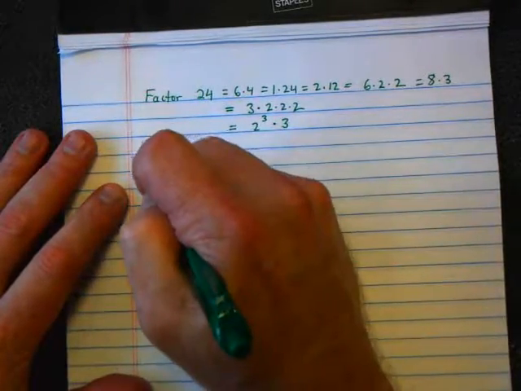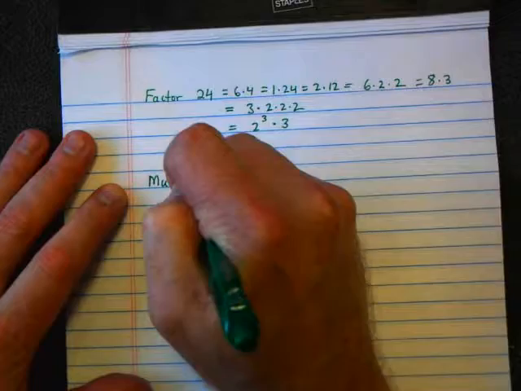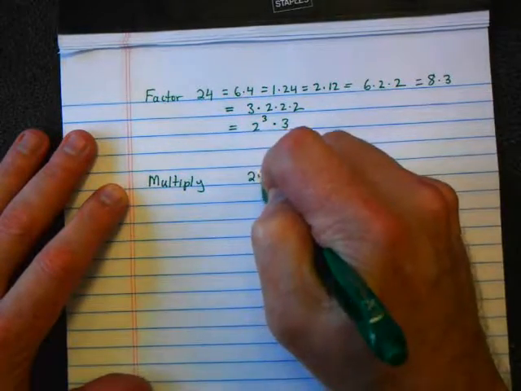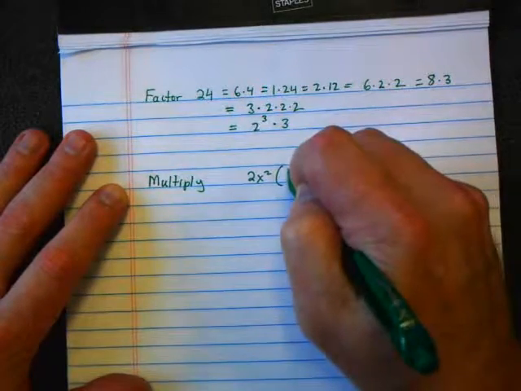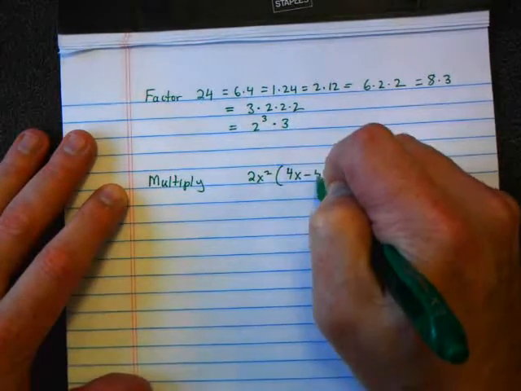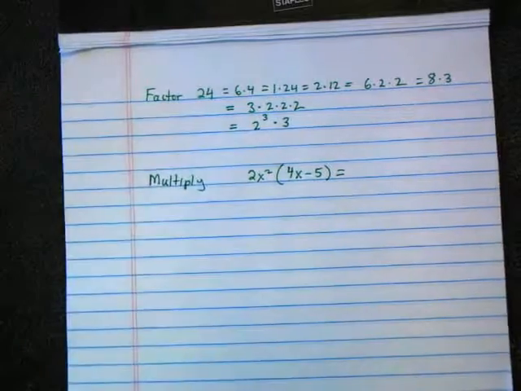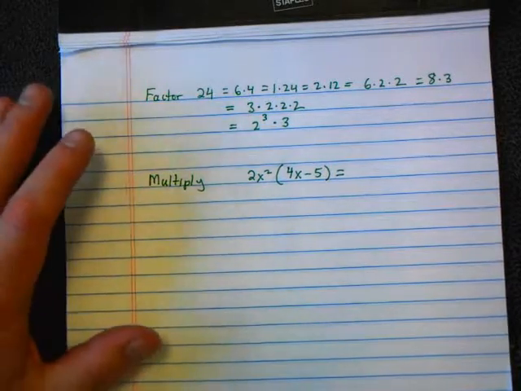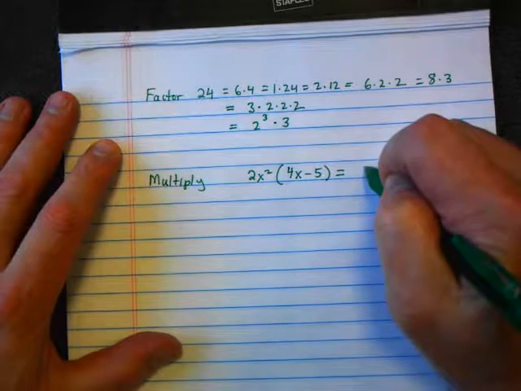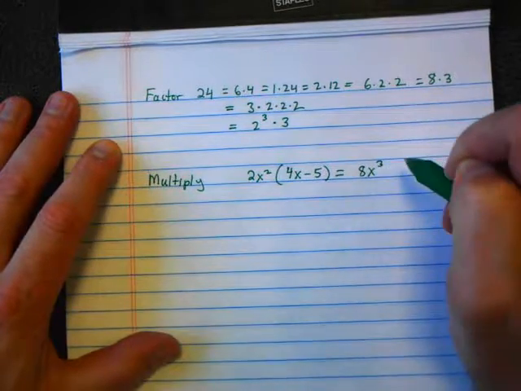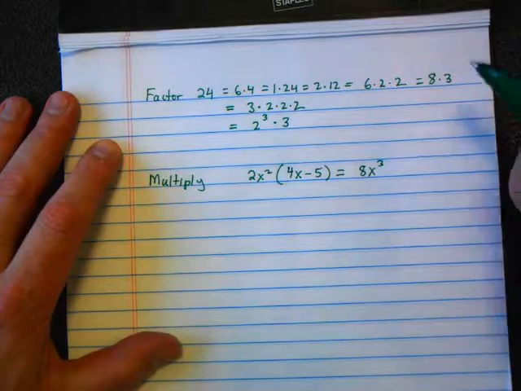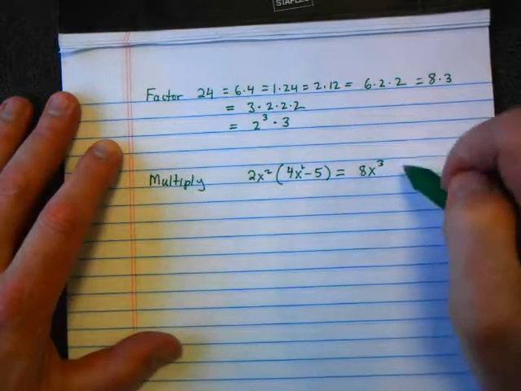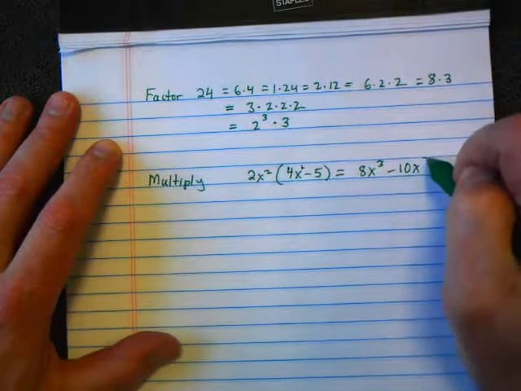So let's say I asked you to multiply. Let's say I asked you to take 2x squared and multiply it by 4x minus 5. What would you do? You would use the distributive property, and you would tell me the answer is 8x cubed, because you have 2 x's and 1 x, it makes 3 x's, minus 10x squared.